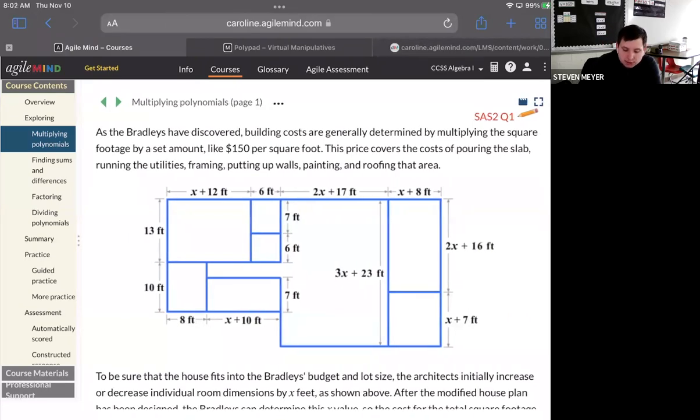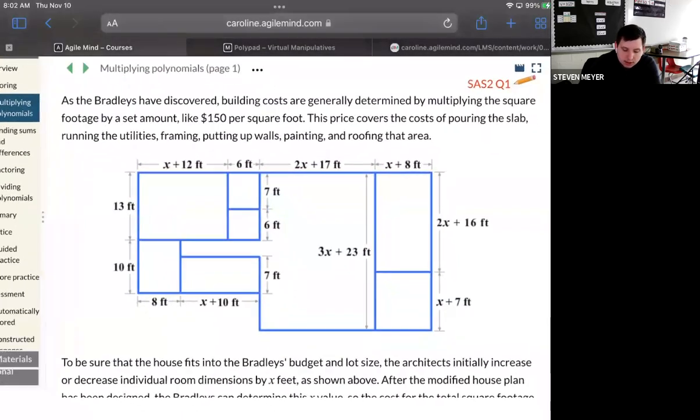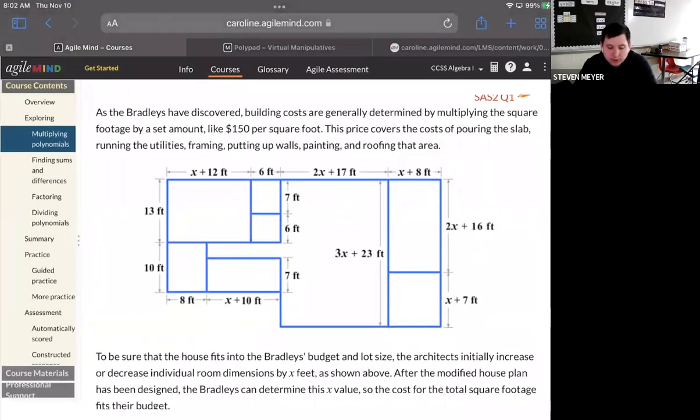To be sure that the house fits into Bradley's budget and lot size, the architects initially increase or decrease individual room dimensions by X feet, as shown in the image that we have in our document for question number 1. After the modified house plan has been designed, the Bradleys can determine this X value so that the cost for the total square footage fits the budget.